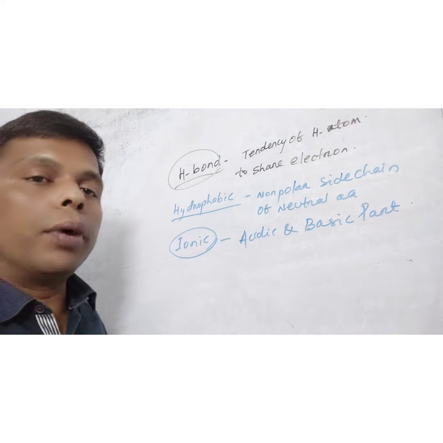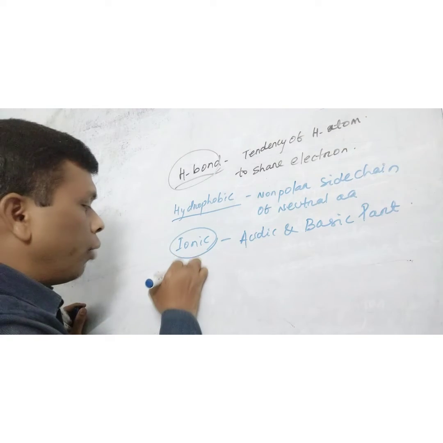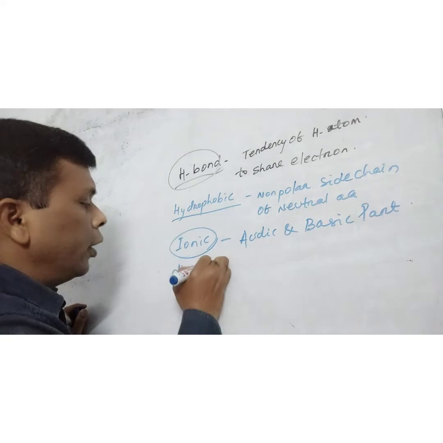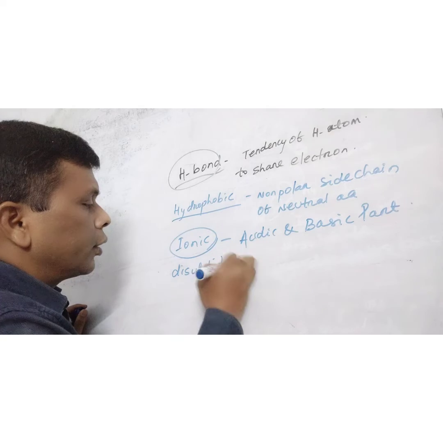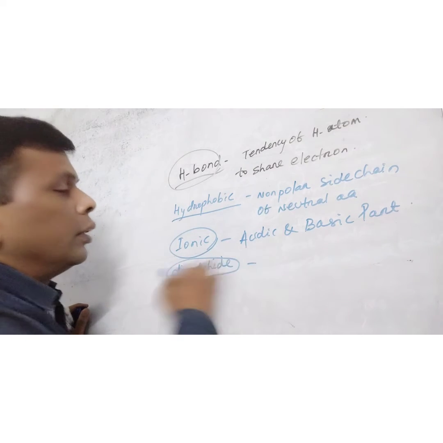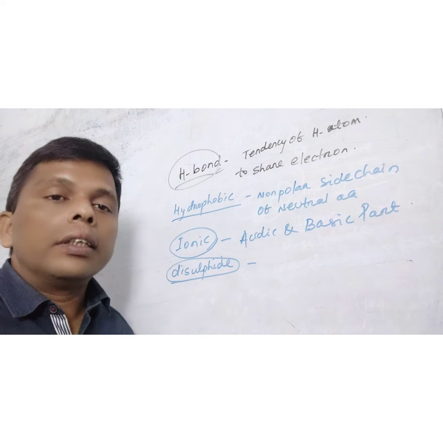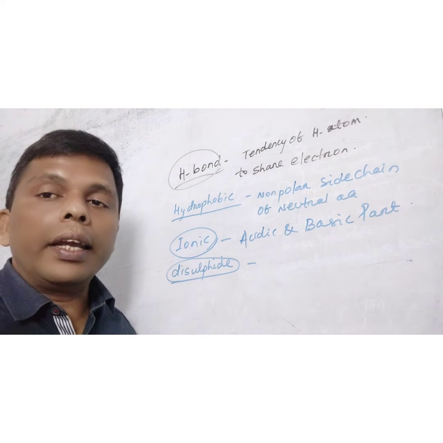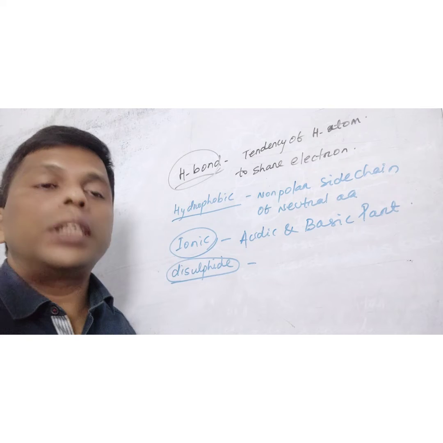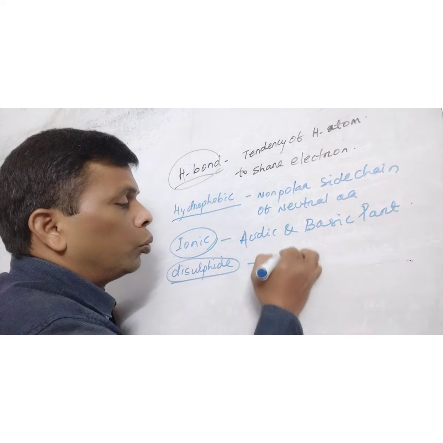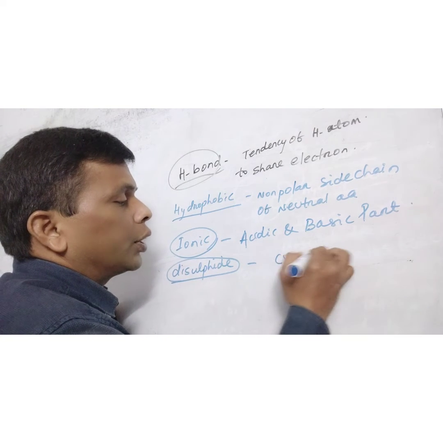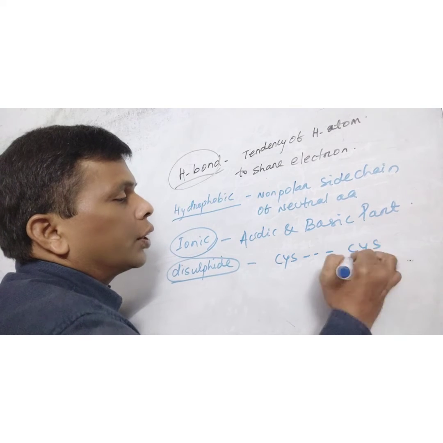After the ionic bond, there is the disulfide bond. What is this bond? This disulfide bond is the linking between two cysteine amino acids, cysteine and cysteine.